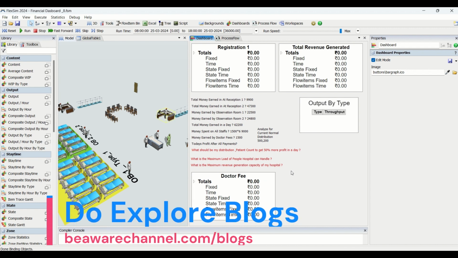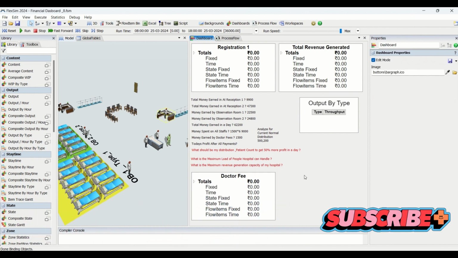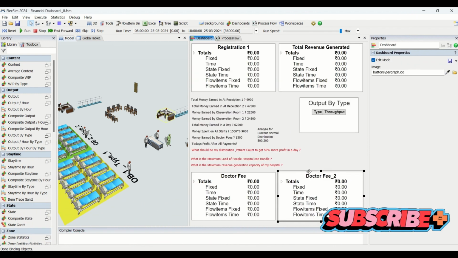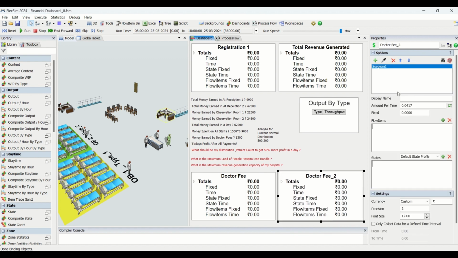So we'll copy this doctor's graph here and convert it to our total profit earned graph. When I am renaming this, I'll rename it as total profits earned, and it needs to be reset so the name of this graph will get changed.